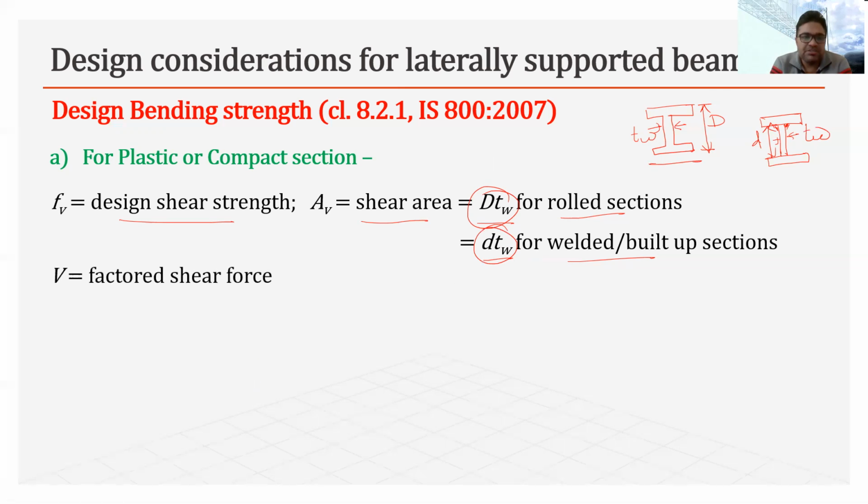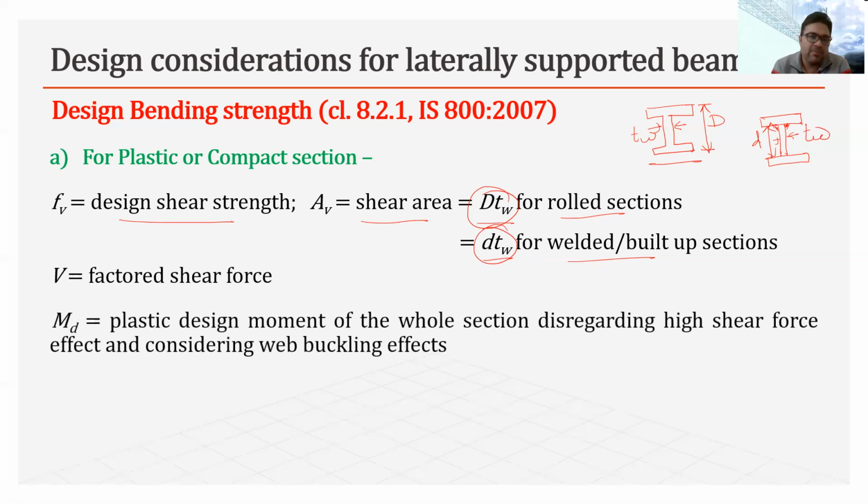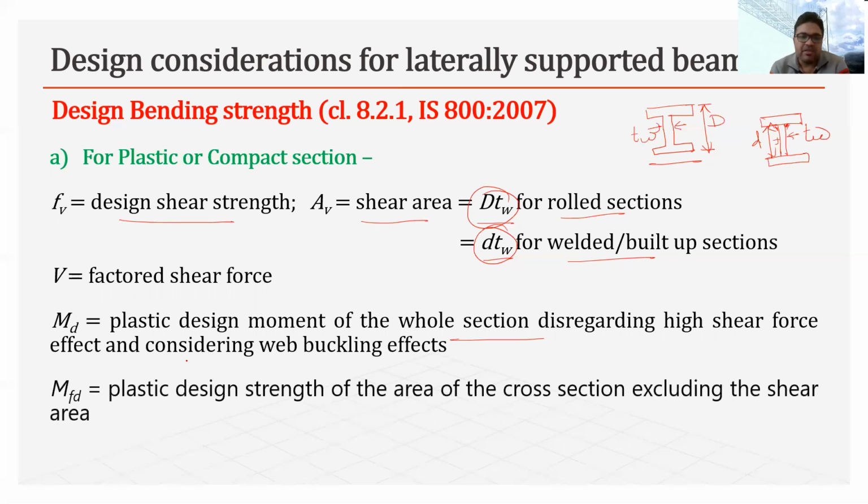V is the factored shear force, and MD is the plastic design moment of the whole section disregarding the high shear force, as we have calculated in the previous case. And MFD is the plastic design strength of the area of cross section excluding the shear area. Now, how do we find out this MFD? MFD formulas are given.